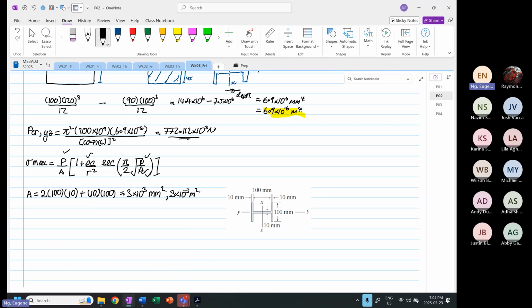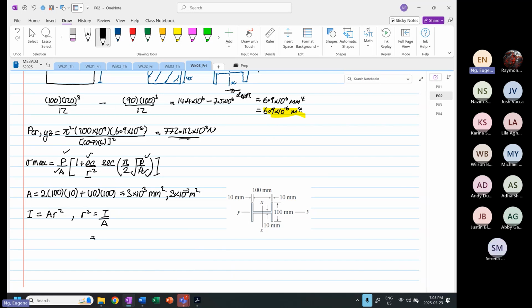So we have these sets of information, and now we have our area. The next thing we have to determine is our r squared. We know that I is equal to A r squared, therefore r squared is equal to I over A. We know our I value, which is 6.9 times 10 to the power minus 6, and our cross-sectional area, which is 3 times 10 to the power minus 3.